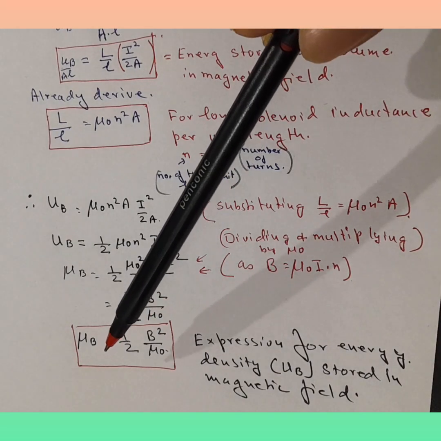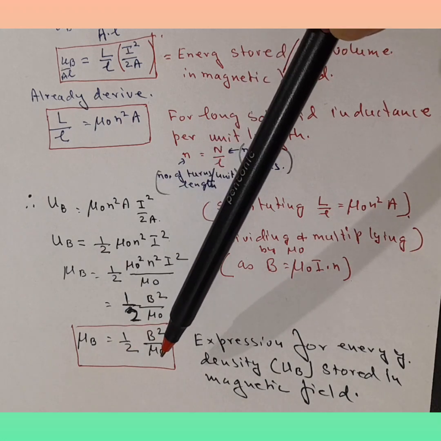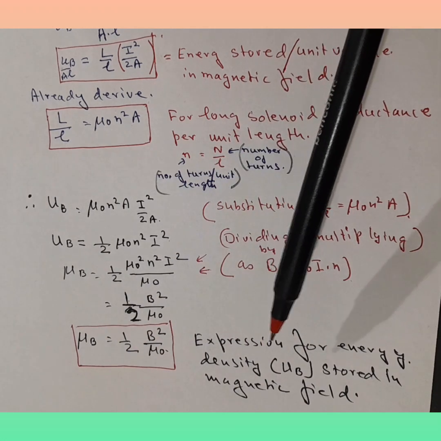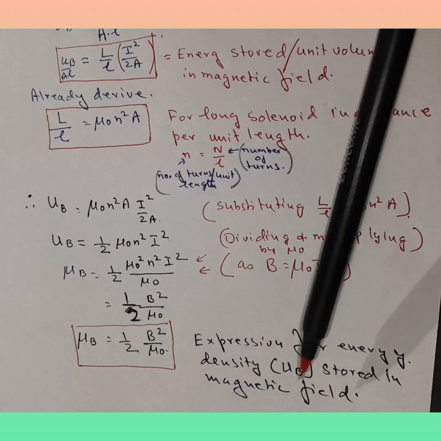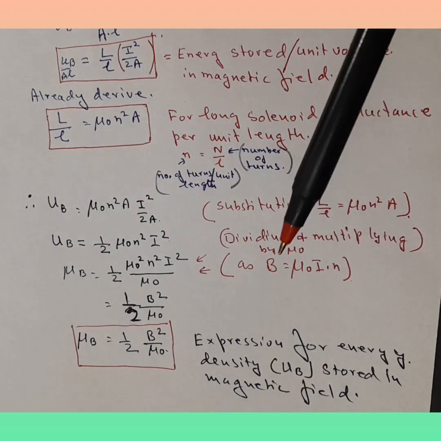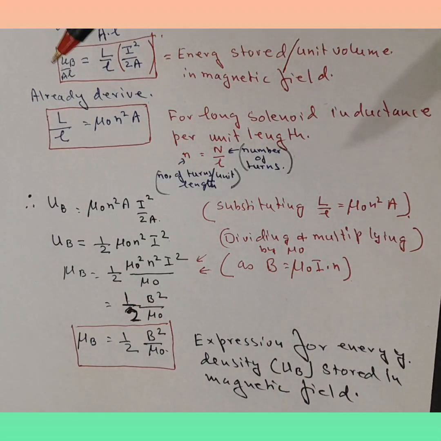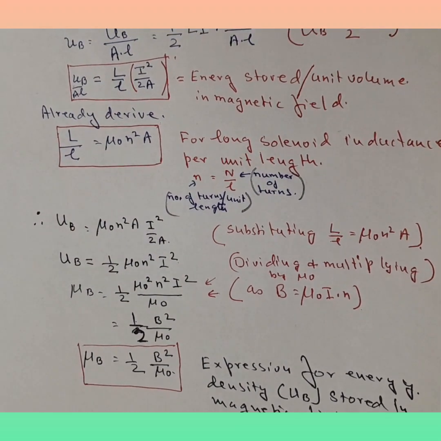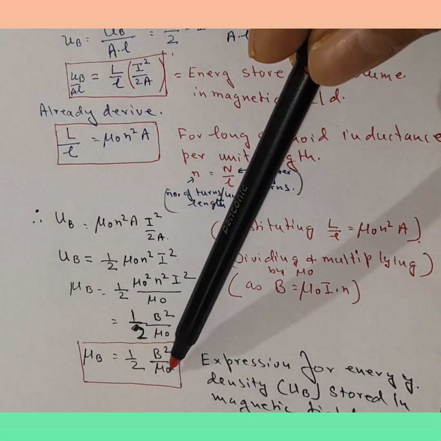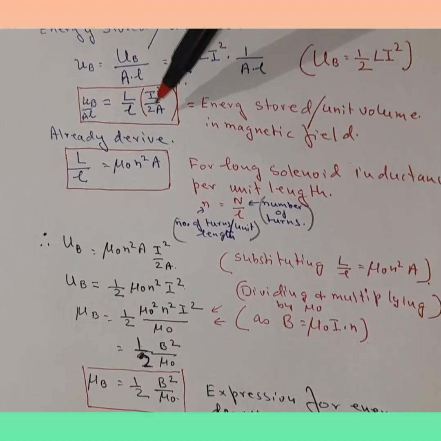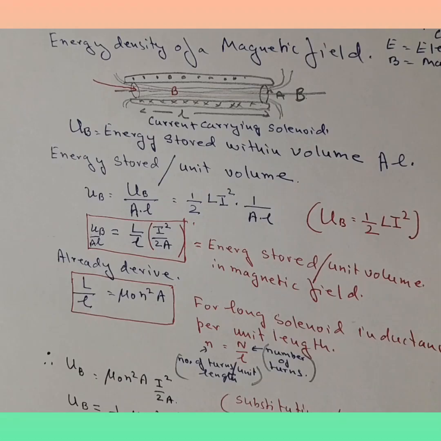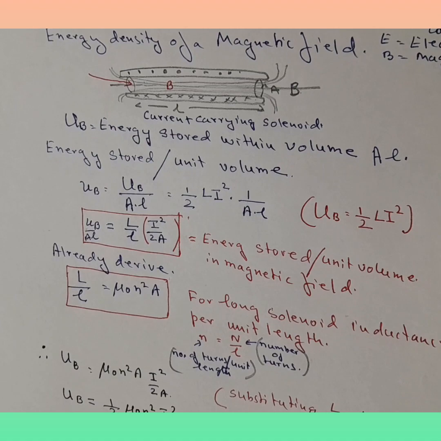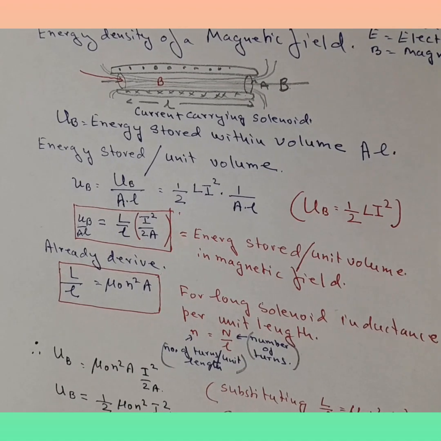So UB is equal to half B square over mu 0. This is the expression for energy density stored in magnetic field. Again I repeat, these are the formulae which you have got to keep in mind for your numerical purpose.